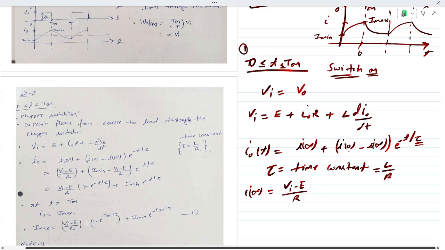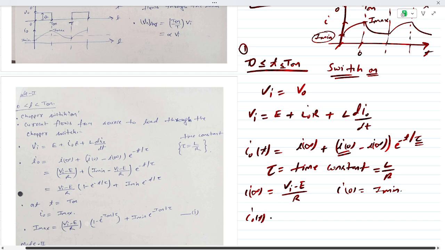And what is the initial value of current, I 0? When the time is 0, the I is I minimum. We can see from the figure. So I 0 is basically I minimum. So let us put these values here.